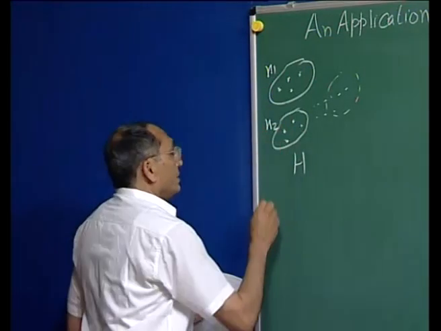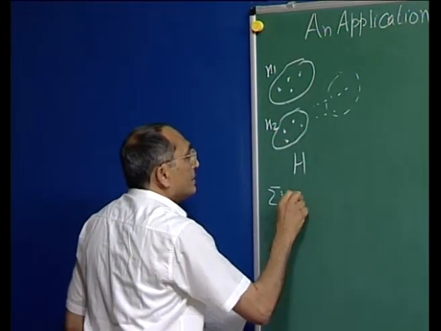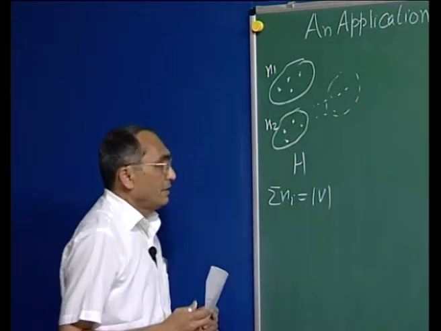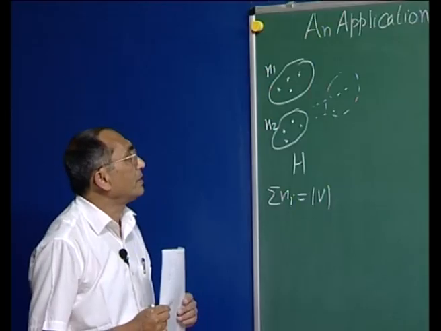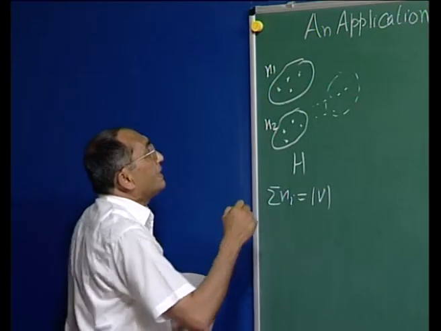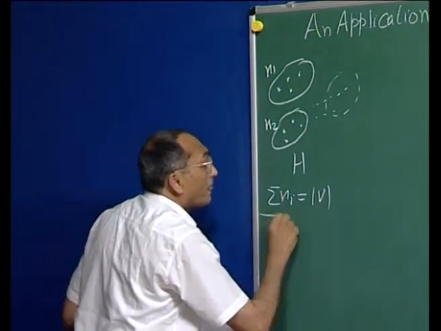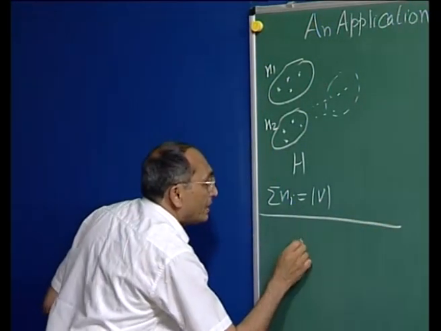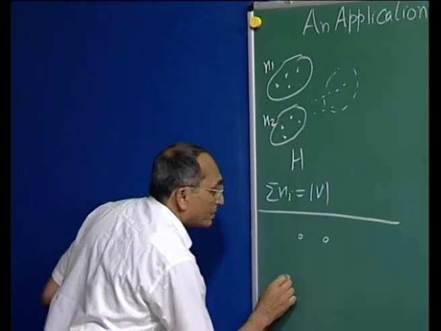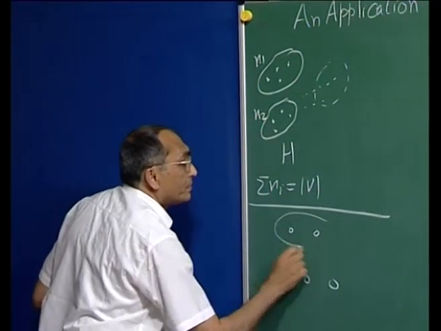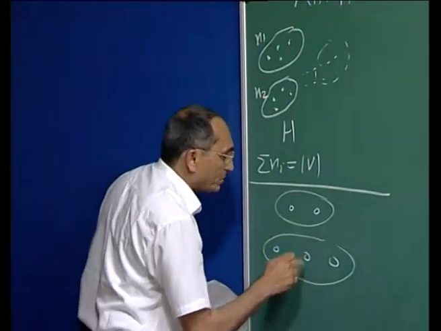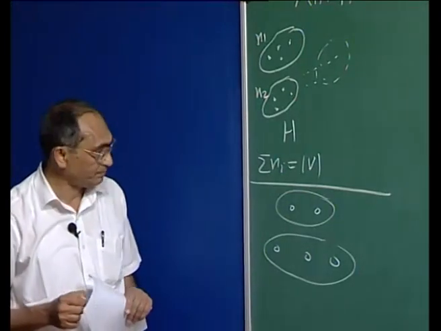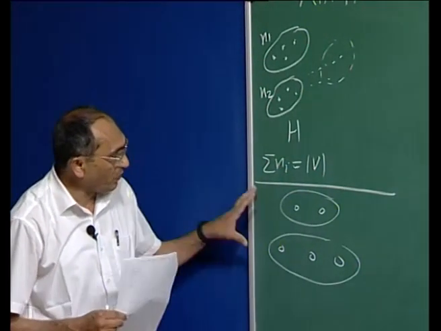So, the sum of ni's is of course V, and the number of edges is mod V minus 1. So, in this case, let us suppose we have two components, say n1 is 2 and n2 is 3, and then there are 4 edges in it.